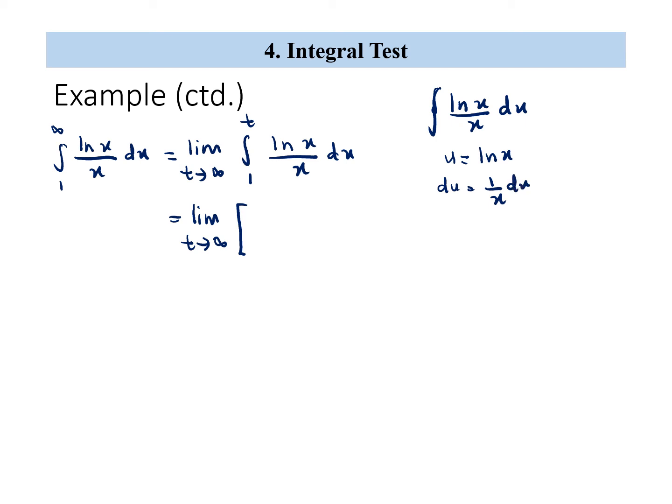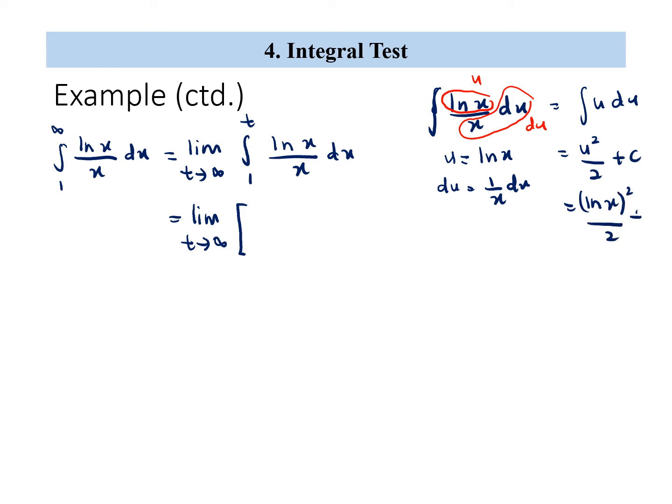So we have represented our ln x as u and our dx over x as du. Now our integration becomes the integral of u du. So now we can solve the integration, which becomes u squared over 2 plus c. Substituting u with ln x, we have ln x squared over 2 plus c. Now we can substitute into this.